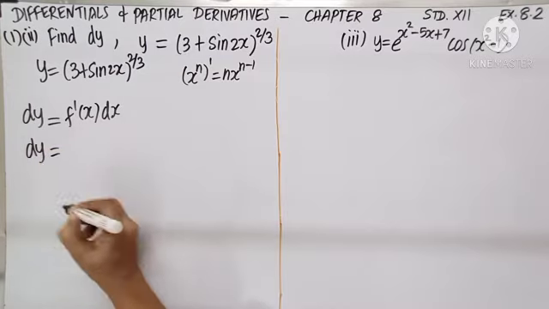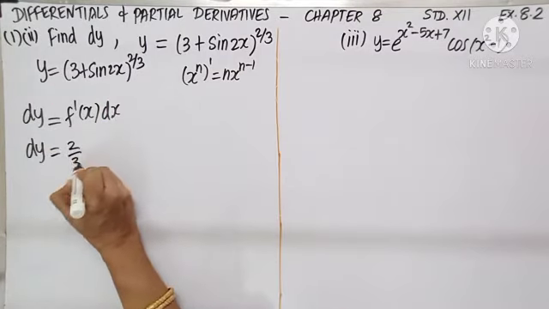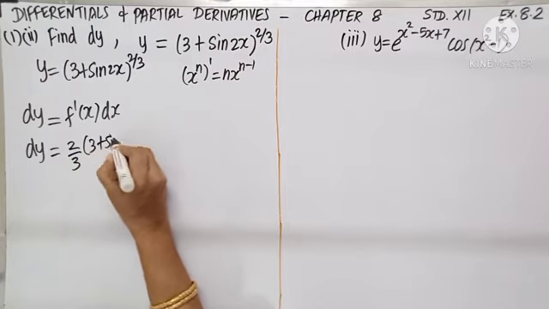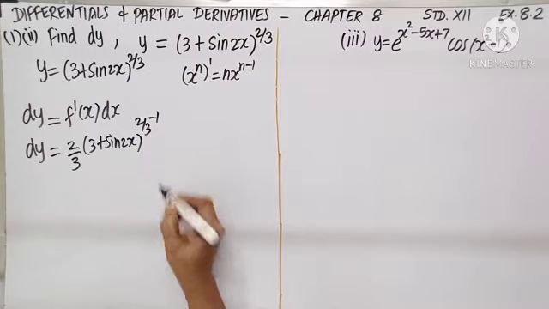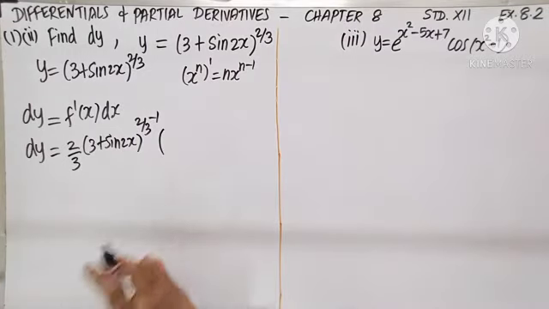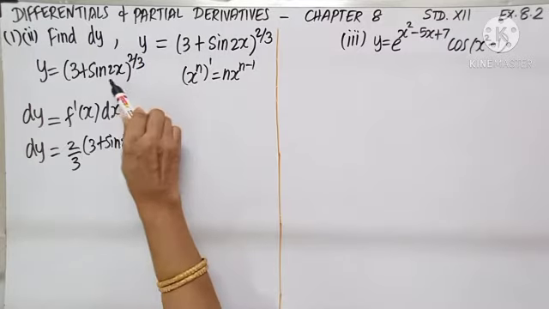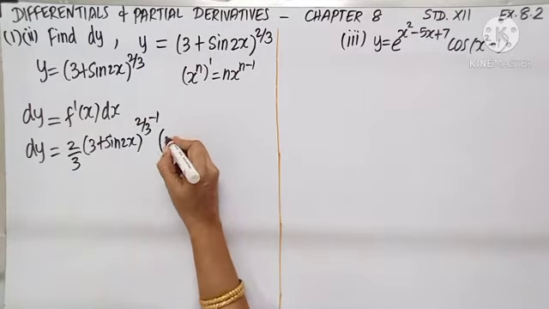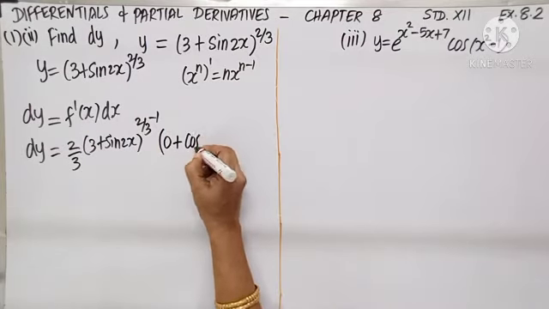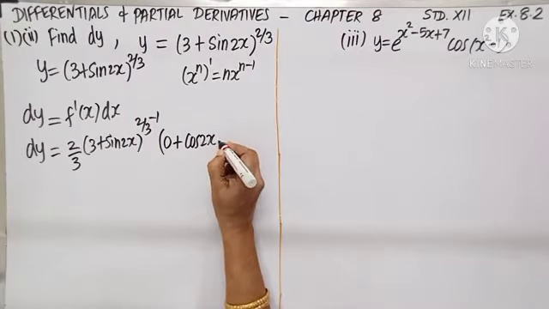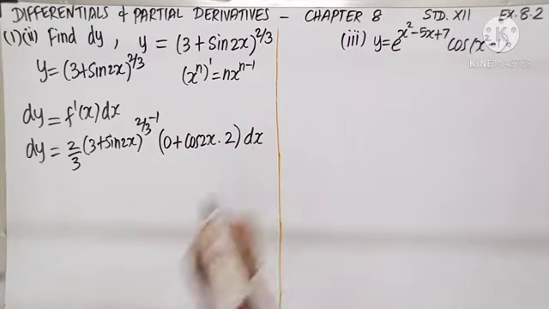Dy equals differential: 2 by 3 into 3 plus sine 2x the whole power 2 by 3 minus 1, into the power rule over. Apply what is inside: constant will become 0, plus sine 2x will become cos 2x, 2x will become 2 into dx.